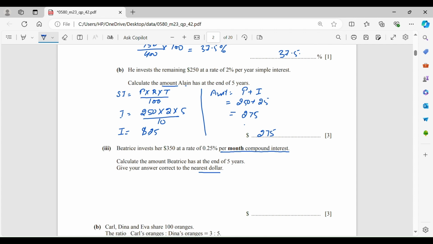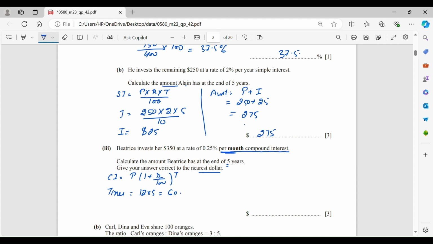The compound interest formula is compound amount equal to principal into 1 plus r over 100 raised to the power of time. But we have per month and 5 years, so time will be equal to 12 into 5, which is 60 times compounded.